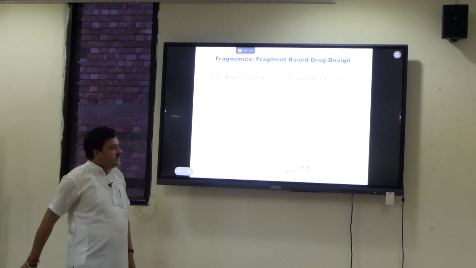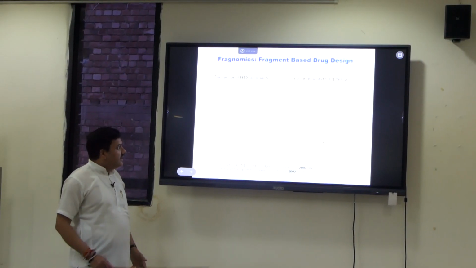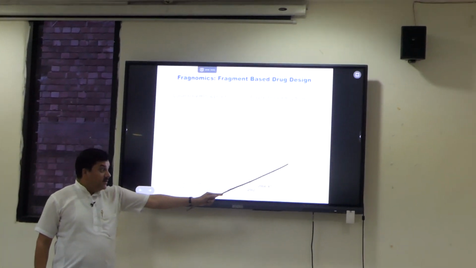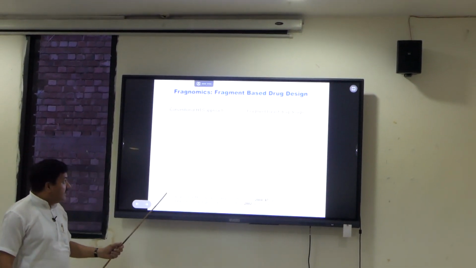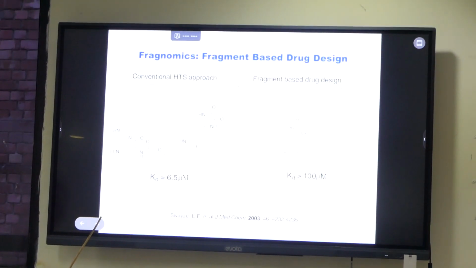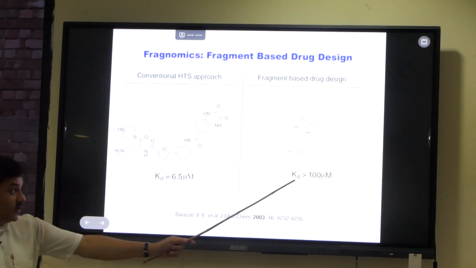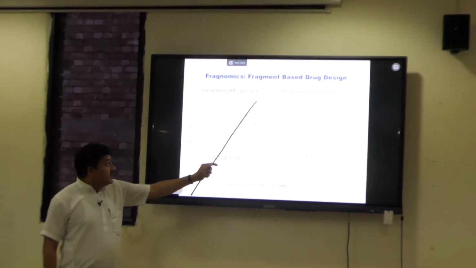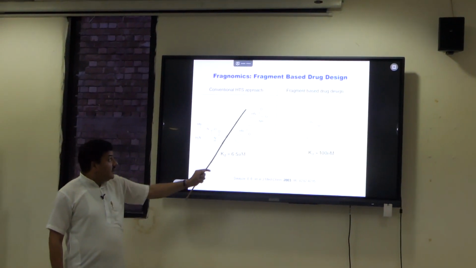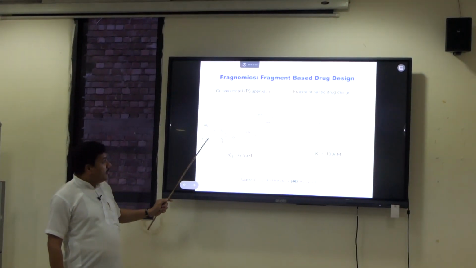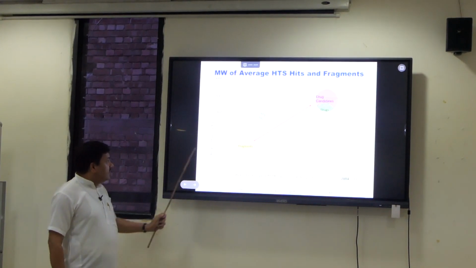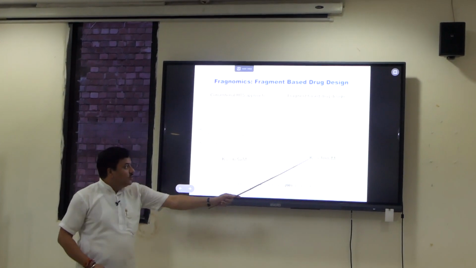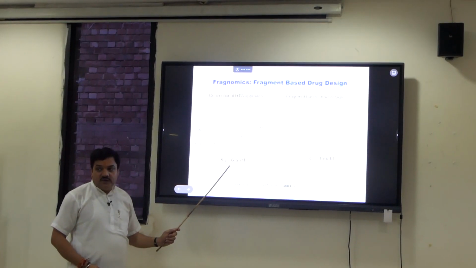These are actual case study examples of how in fragment-based drug design, by connecting these two fragments which were active at 100 micromolar, which is not very good activity, the drug molecule has been modified. For example, this was 100 micromolar, then by taking this as a fragment which exists in this part of the molecule, and doing a little optimization, they made this final molecule which was active at 6.5 micromolar, from 100 micromolar.